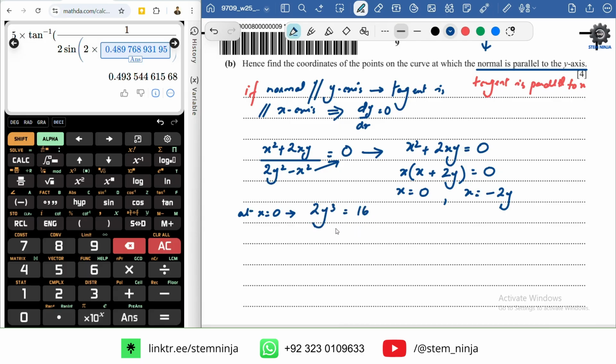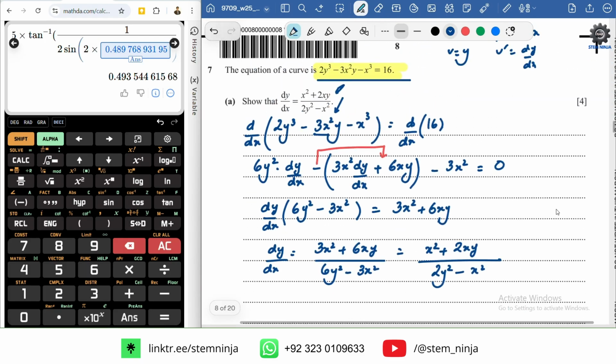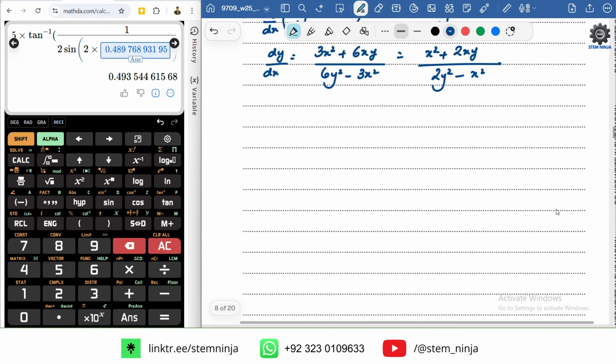That means y cubed would be 8, therefore y would be 2. So this becomes x equals 0, y equals 2. Is that 16 or minus 16? 16. Okay, 2y cubed.